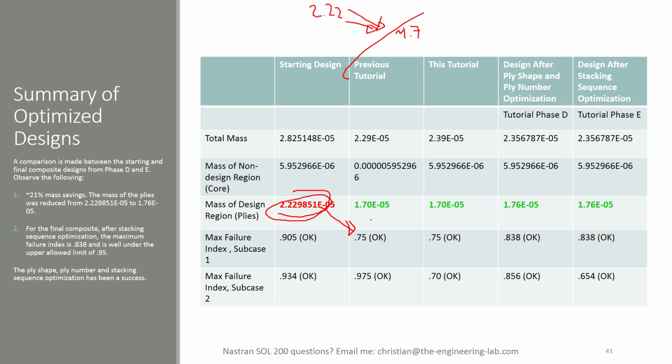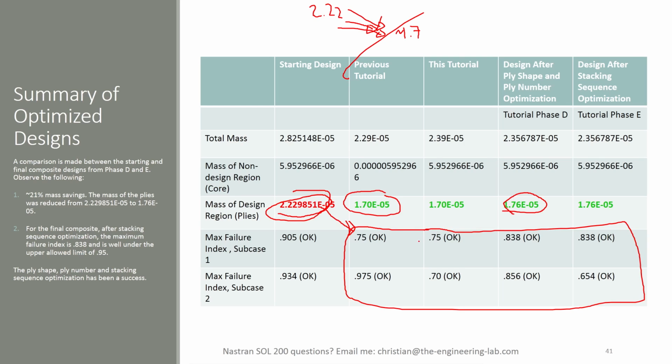So when you do this workshop, don't obsess with getting a mass of 1.76. Don't obsess with getting a mass of 1.7. Again, as long as you reduce the mass by some amount and you satisfy your failure index constraints, you have successfully performed the composite optimization.